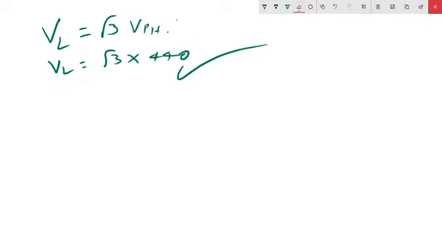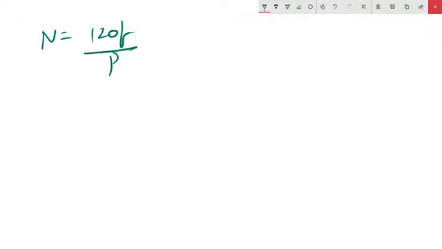If you go to the next question, they are asking what will be the frequency of the electrical supply when a generator of 4 poles is used running at 1500 rpm. As we know, this is a famous formula: N is equal to 120 F by P, where F is the frequency and P is the number of poles of the generator.